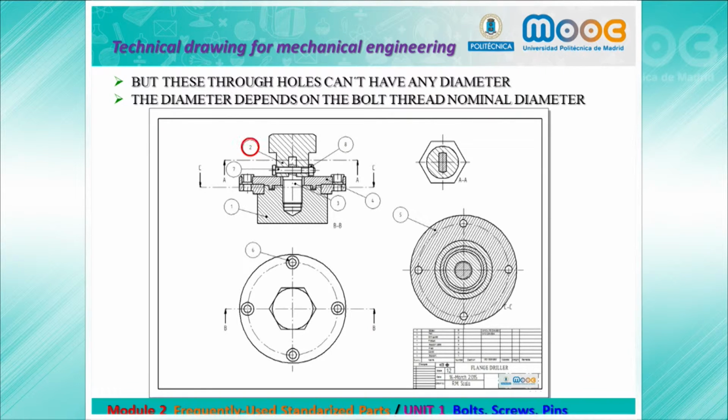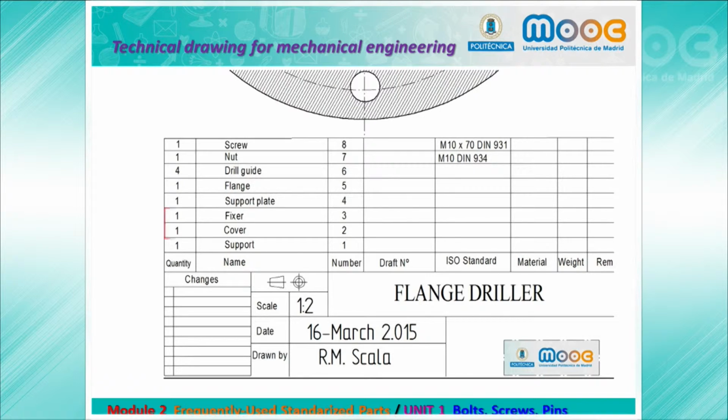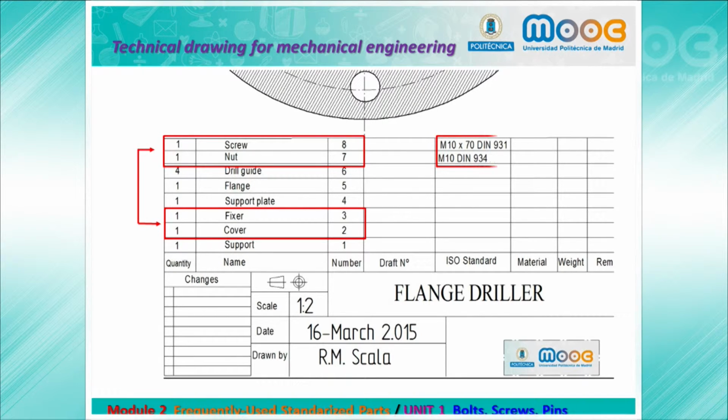The diameter depends on the bolt thread nominal diameter. Here we have our title block. We have here the two parts assembled by the bolt, and we have here the standard for the nut and screw.